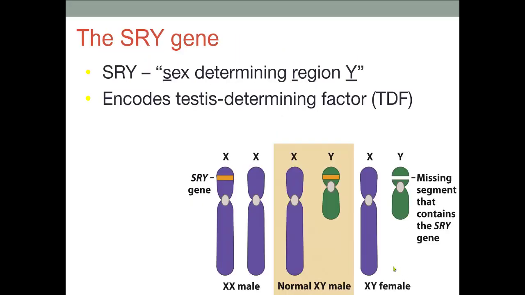They would develop as a female, even though they have most of the Y chromosome. So on a karyotype, on a genotype, you'd say this individual is an XY individual, but all of their measurable, observable characteristics would be those of a female.